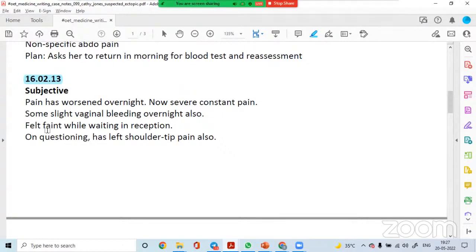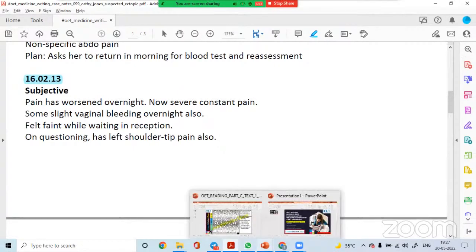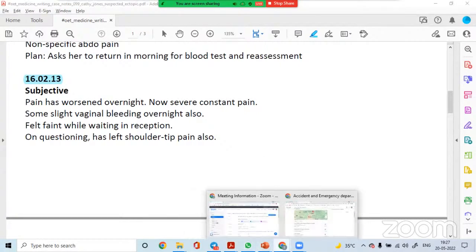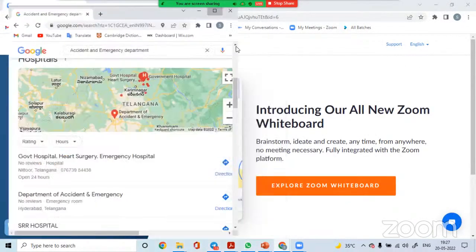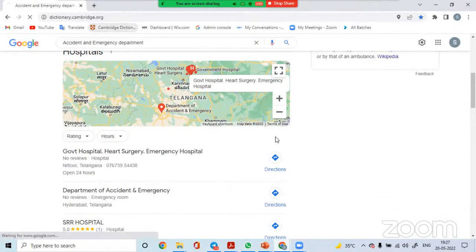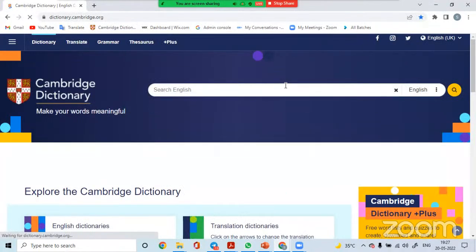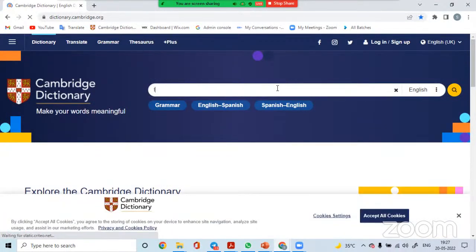The case notes have a little problem here. Felt faint. What do you mean by faint? Fainted, that is an action, a different thing. Can you write dizziness? Yeah, dizziness would be fine. So let us take that one. Fainting sensation, you can say otherwise.